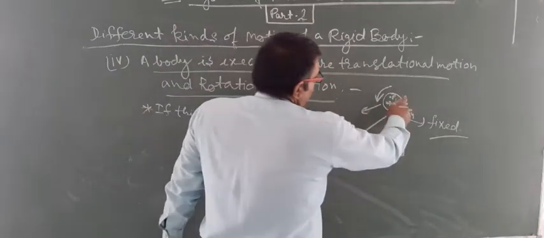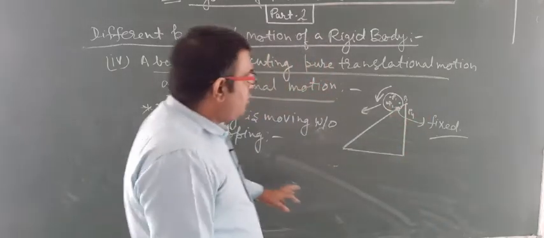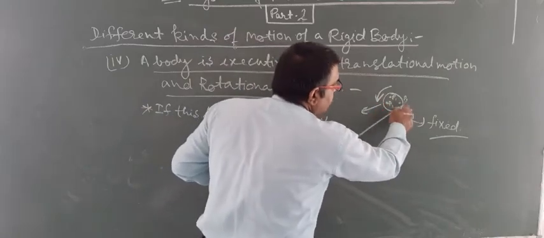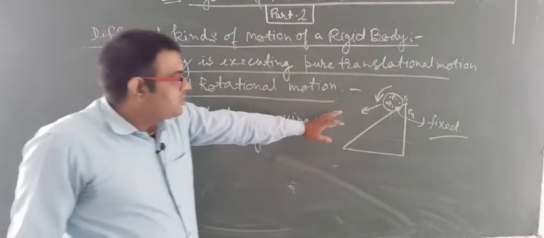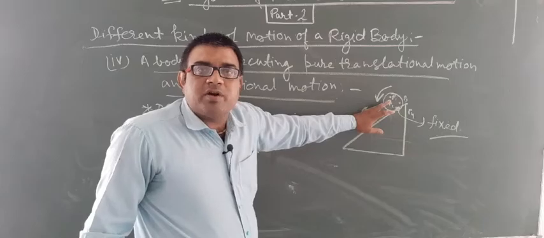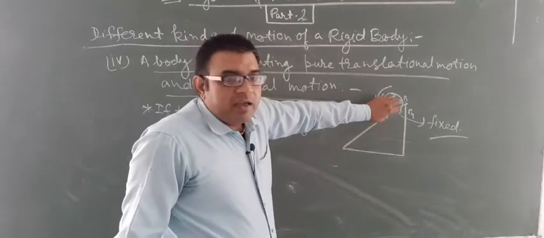So with slipping, the velocity of point P4 will be 0, and P1, P2 and P3 are moving with different velocities. So this is the translational motion, if the body is moving without slipping, and if the body is slipping.